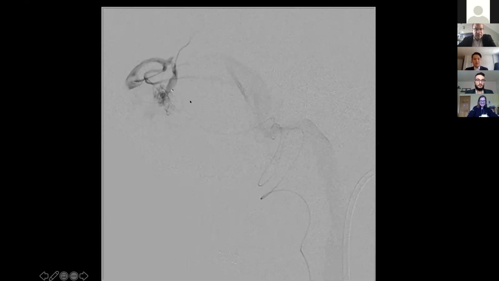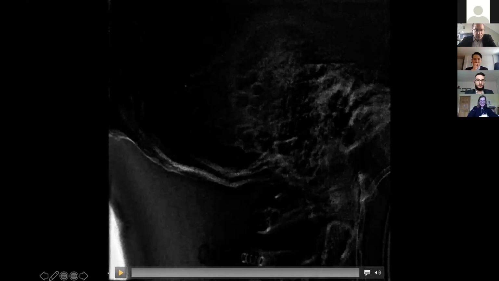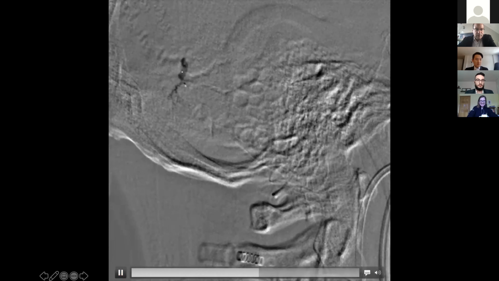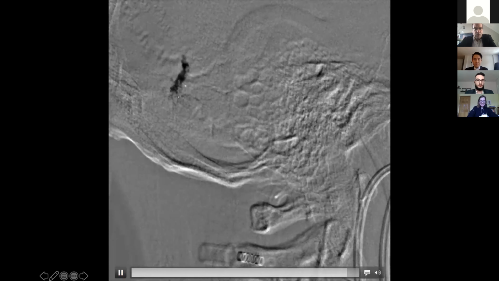And you see here our microcatheter, and this is now the injection of glue in real time. You see the microcatheter right there. You see now the glue is coming out, going into the vein, sealing off the venous structure, and we are thus able to completely close the arteriovenous shunt.